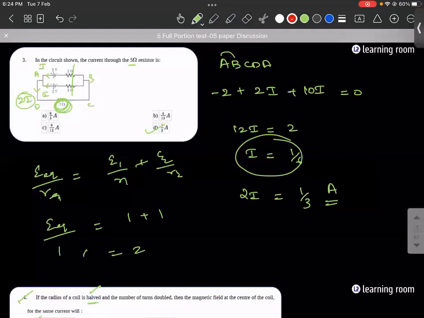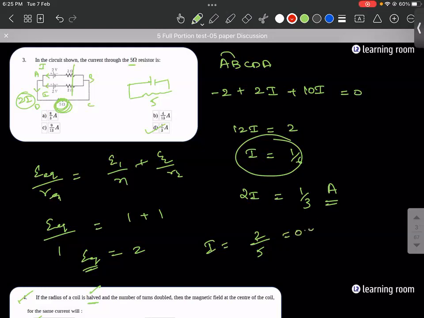So E equivalent comes to 2? Yes. So what comes? Here, 2 ohm connected across 5. So I is equal to V by R, 2 by 5. If you do it like this, it will be 2 by 4. So you took the closest option? Yes, this was the closest. Okay, 0.3.